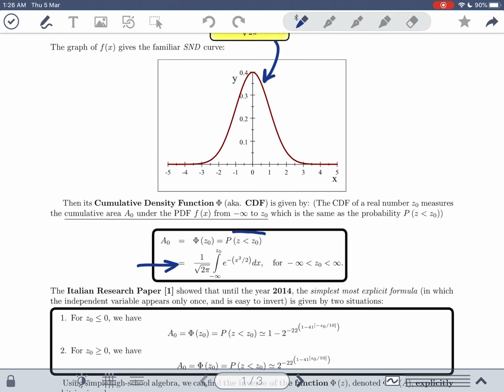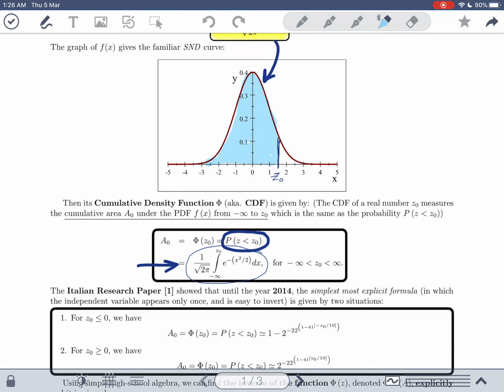So it's the same as the probability that z is less than z0. So you first choose a z0. Let's say you choose this z0. Then all this thing does is it computes the area from negative infinity all the way to your point. So it gives you all of this area here.